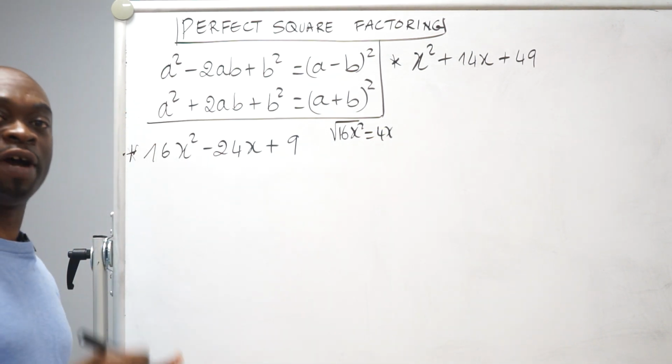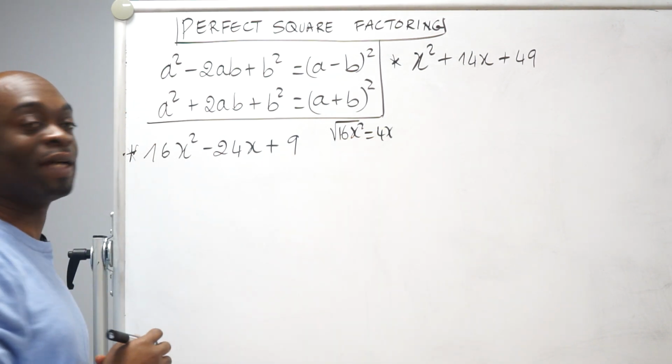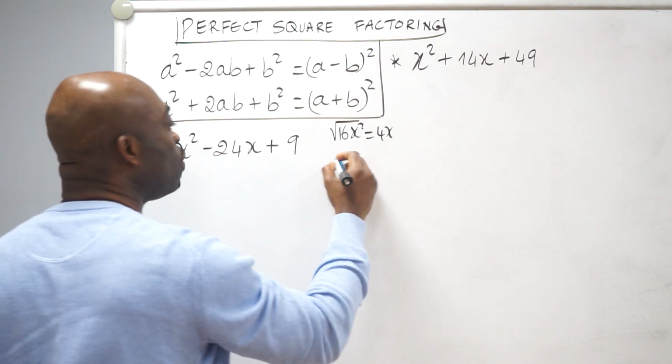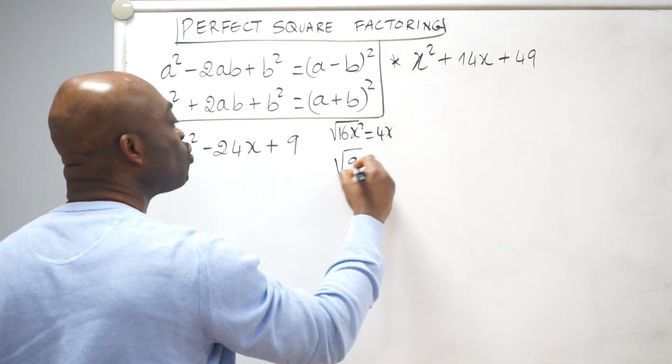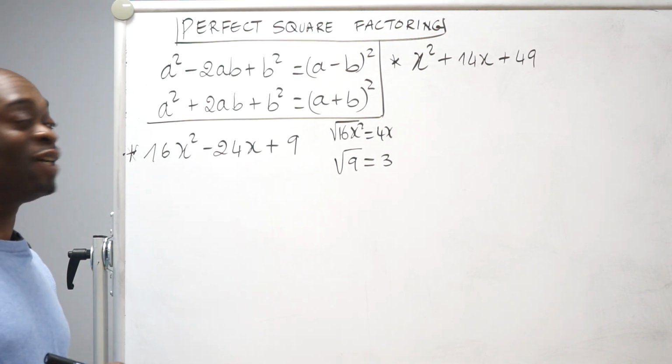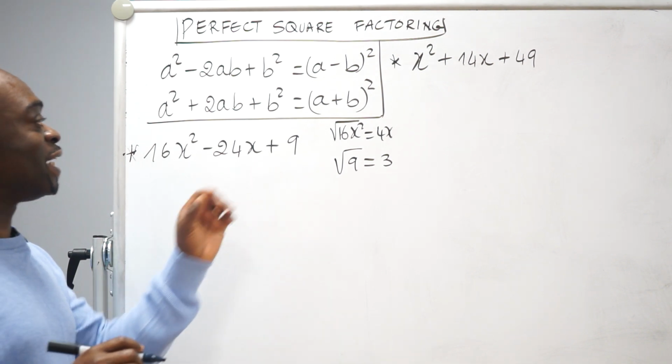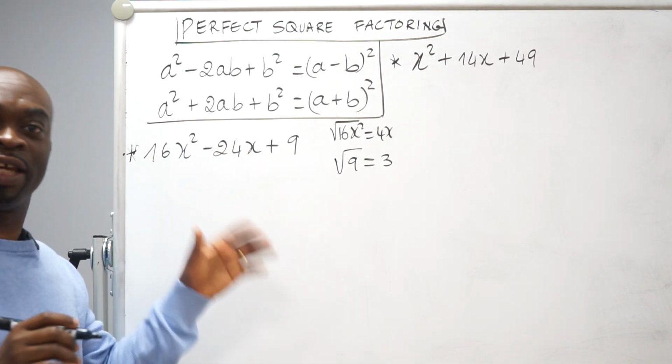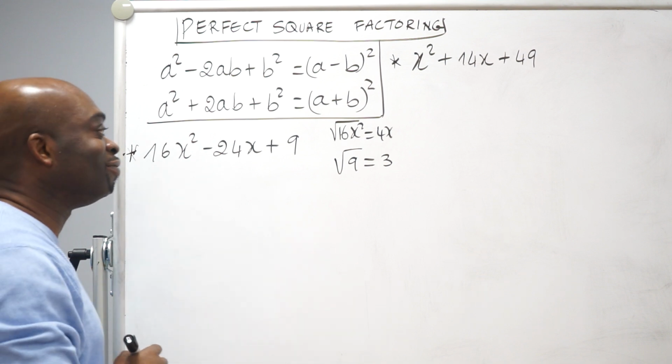Because 4x times 4x is 16x squared. And for 9, you take the square root of 9, which is 3. All right? So already, you're telling yourself, oh, okay, this is looking like something that I like.